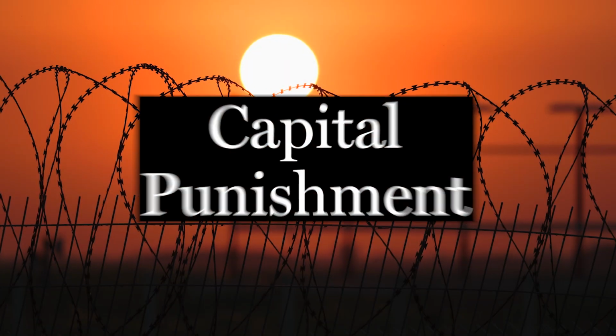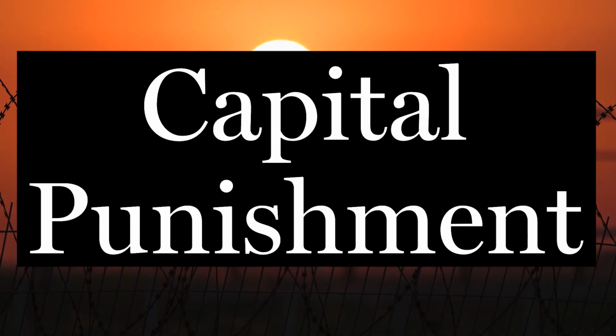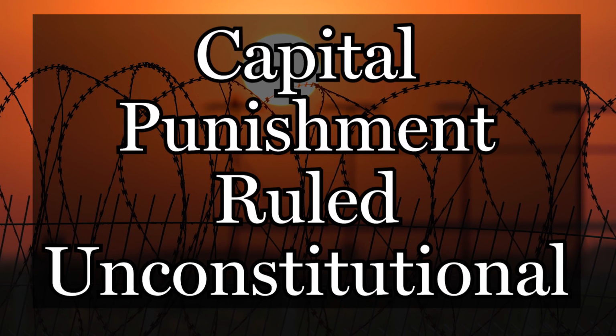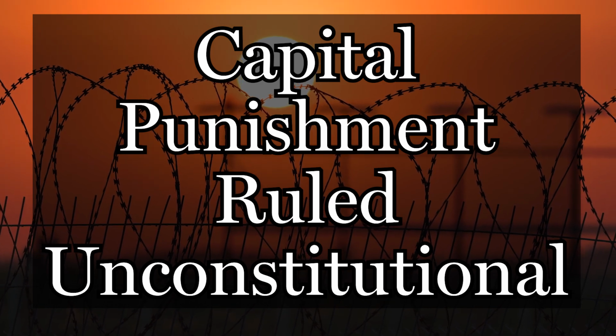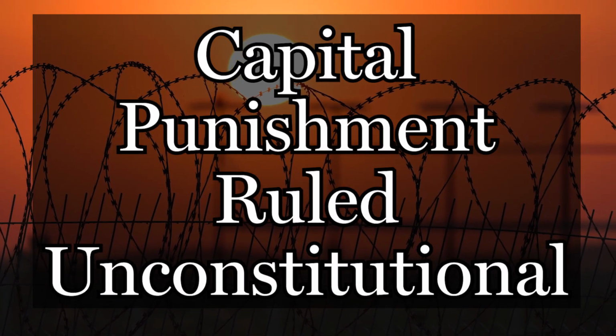There you go. We're pulling that out of the Revised Code of Washington. Here's another one. Capital punishment, aggravated first-degree murder. There's a section on that. Well, the Supreme Court has ruled capital punishment in the state of Washington unconstitutional. So we're pulling that whole section out.